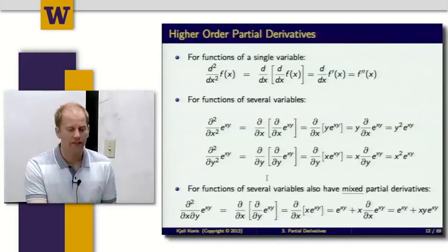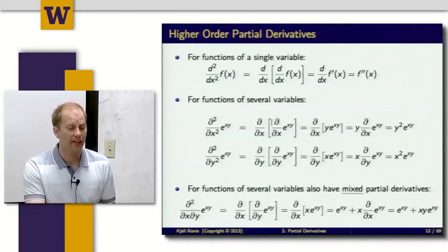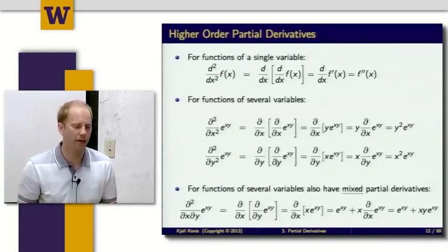But for functions of several variables, there's now also the possibility of something called a mixed partial derivative. So I'm going to keep the same idea as in the middle section of the slide, where I take the partial derivative of my function with respect to one of the variables, and then repeat.